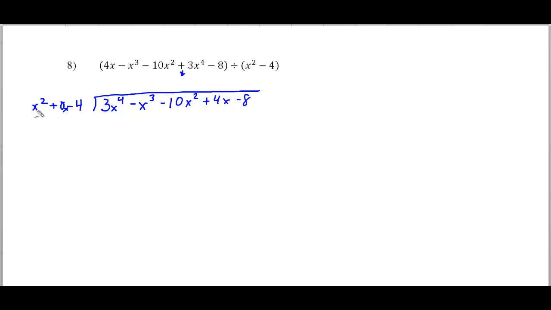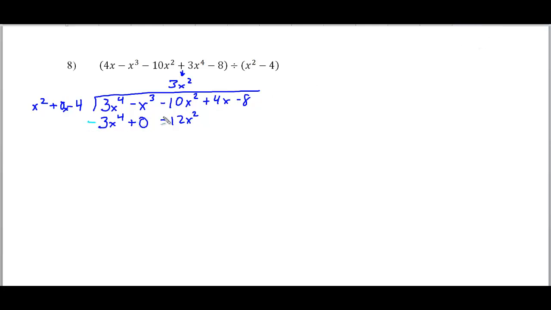Starting here, to multiply to get my 3x squared is 3x squared, and x squared is going to give me 3x to the 4th. Just like our last problem here, this is going to start out the same and then get a little different at this step here because this is going to be negative 12x squared. Now let's go change colors here to show my subtraction step.